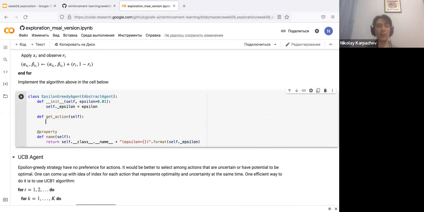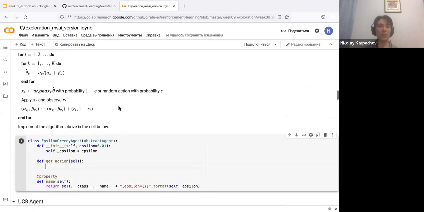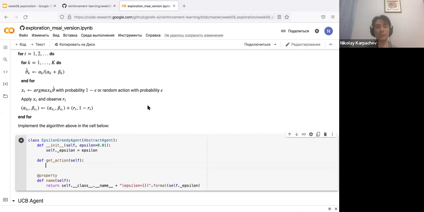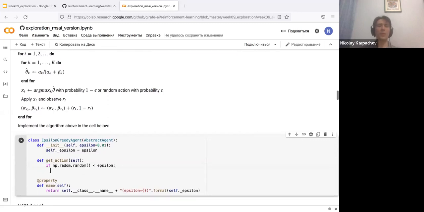So we can get action. We sample a coin, compare it to epsilon, and if it's less than epsilon, we return the uniform sample.